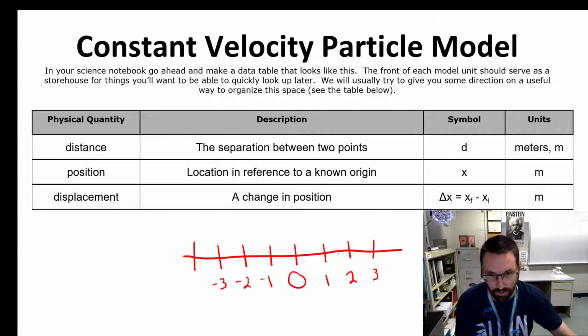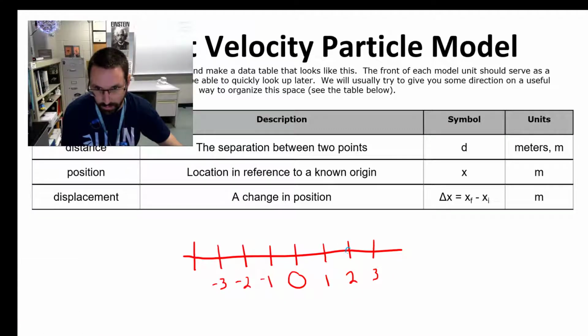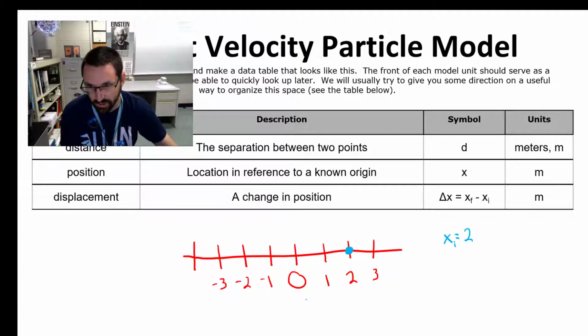If I put a dot over here, and I'm going to put in a blue dot, let's say we put a dot right there. We have a nice little blue dot sitting there. We could say that its position equals 2. That's its initial position. So I call that x sub i.